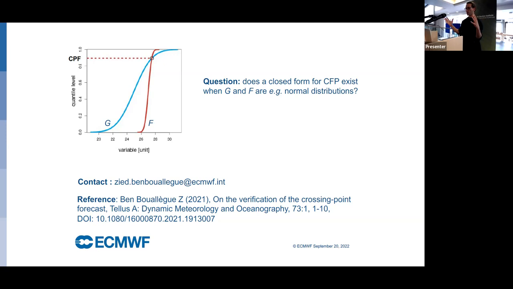The EFI is designed to become neutral when there is a lot of spread in the ensemble, so when the predictability is low. But the CPF, by design, will have some signal, and this signal will be widespread, so we'll make the user aware that something is coming.